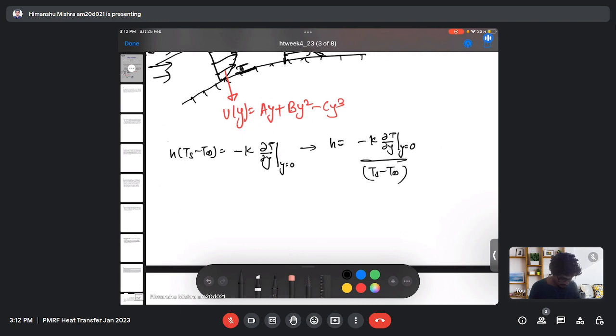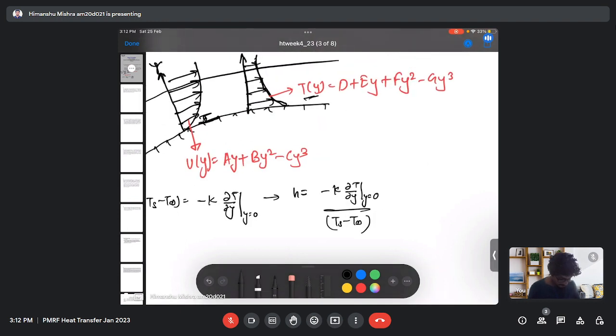Using this relation, we need to determine the derivative of our temperature profile.